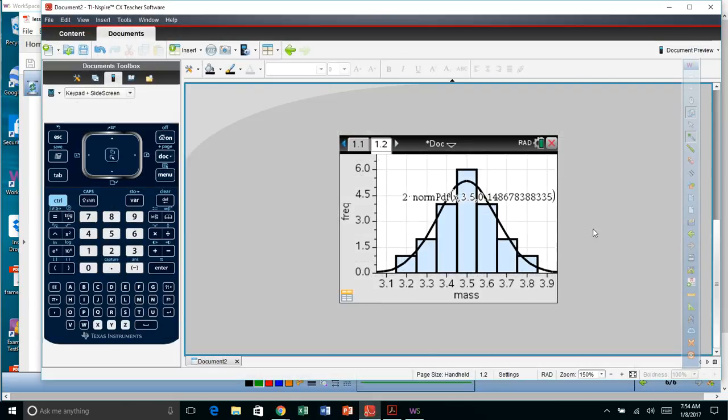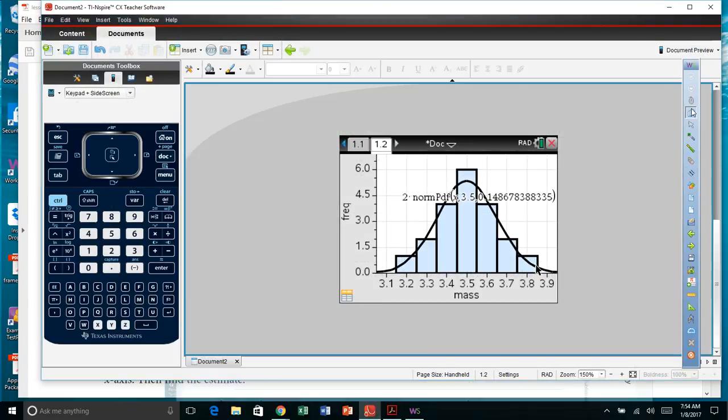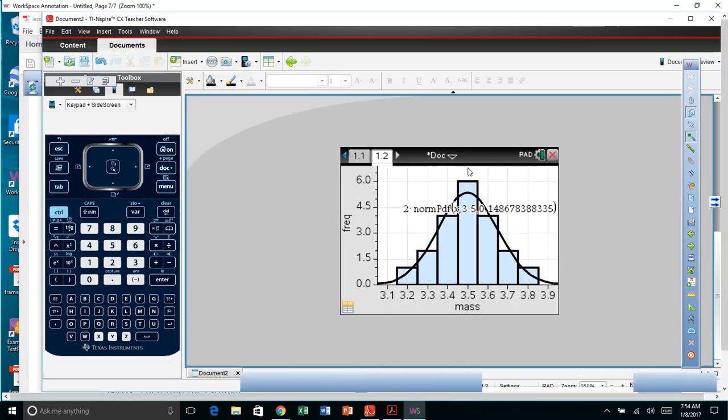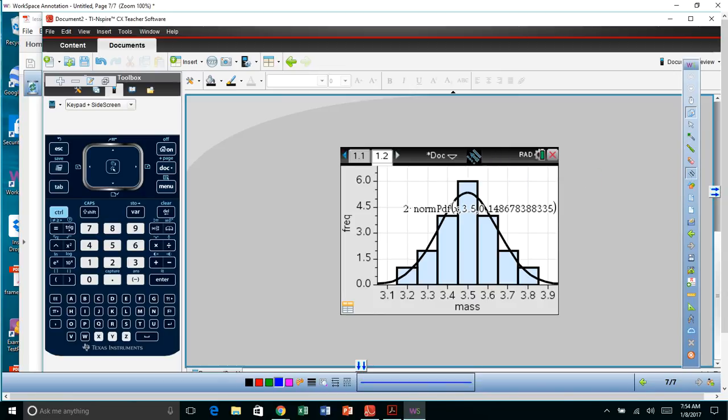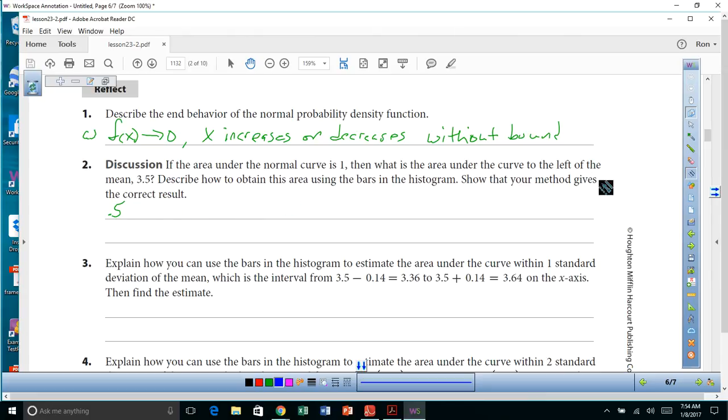Okay, let's go back and look. Let's see here. So here is your mean, right? That's your mean, 3.5. So what do we got? 1, 2, 3, and then half of that bar there. Okay. So what do we got?